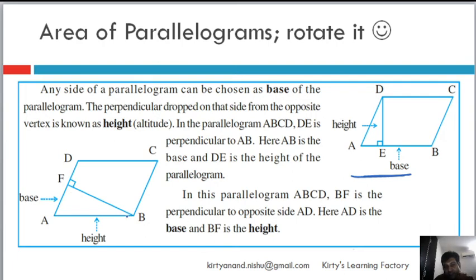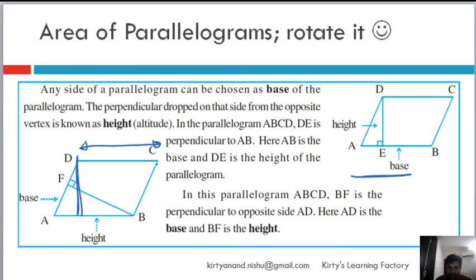So you will need to know the height or the distance between the parallel lines. It cannot happen that you know the length of CD, and you multiply it with this height, then you will get the answer. No, if this is the base, then you need to have this height.